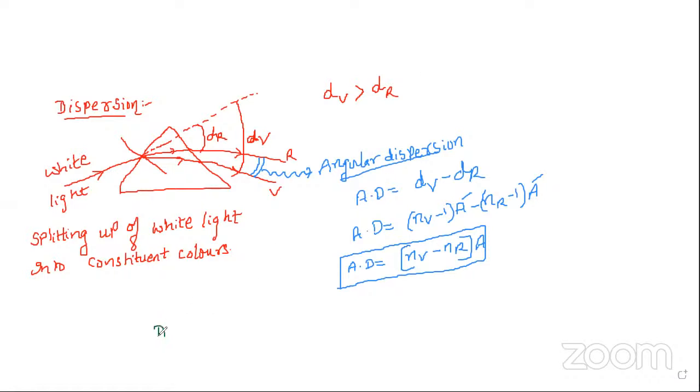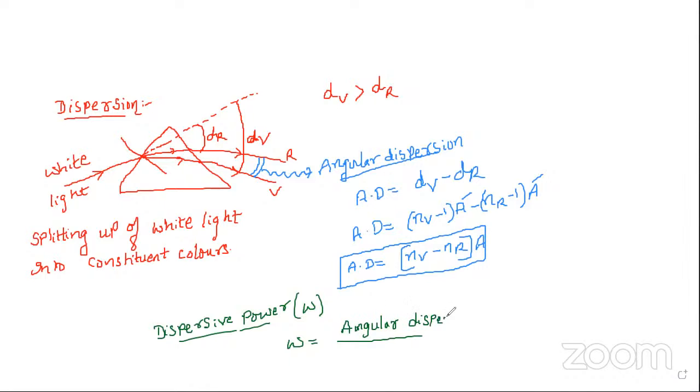And one more important thing you have to remember is the dispersive power. Dispersive power is usually denoted by the symbol omega. Omega is the ratio of angular dispersion to the mean deviation.